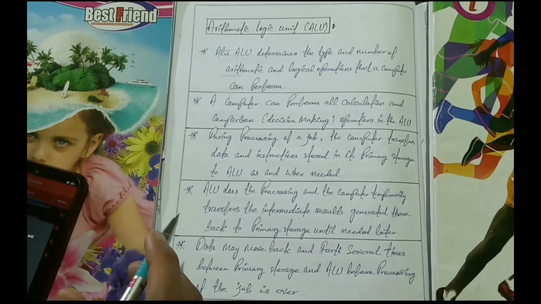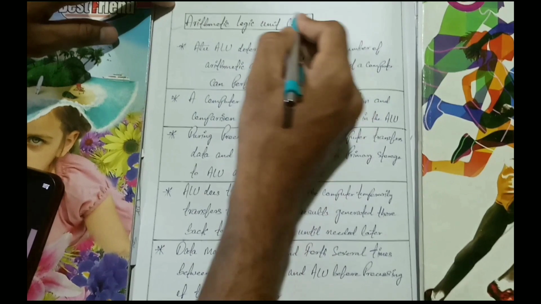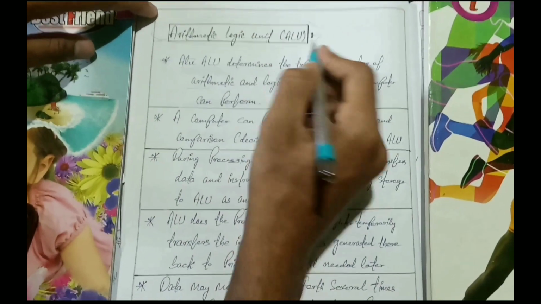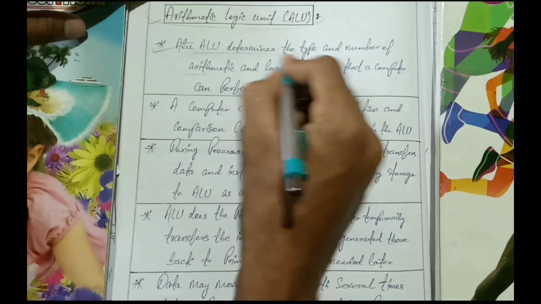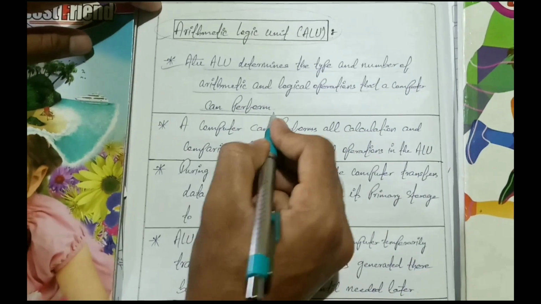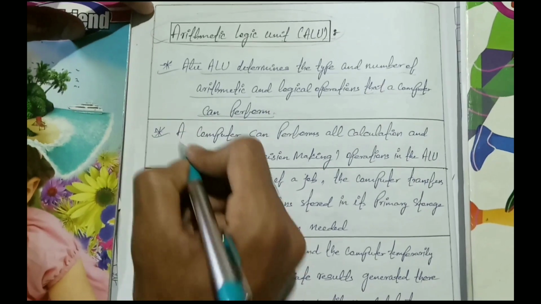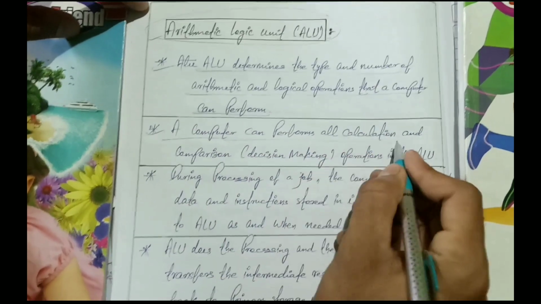Let's discuss briefly the arithmetic logic unit, ALU. ALU determines the type and number of arithmetic and logical operations that a computer can perform. We know a computer performs all calculation and comparison operations in the ALU.